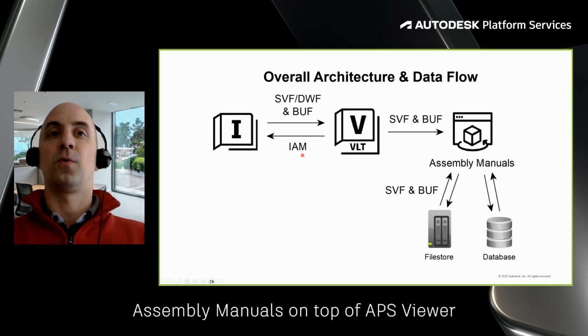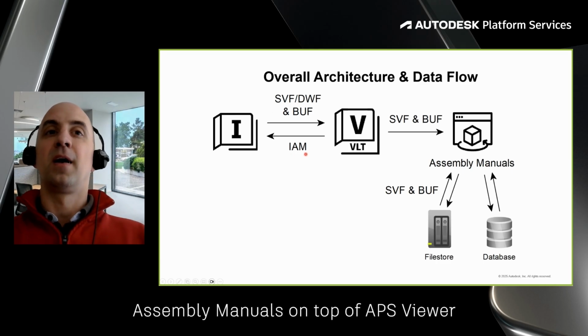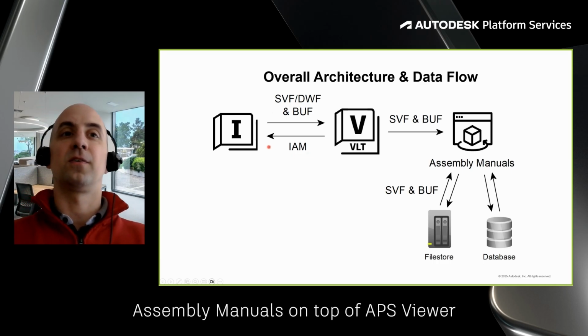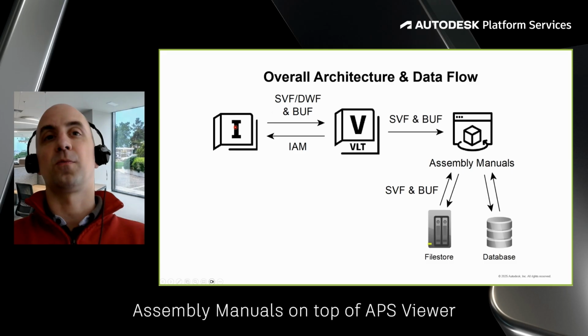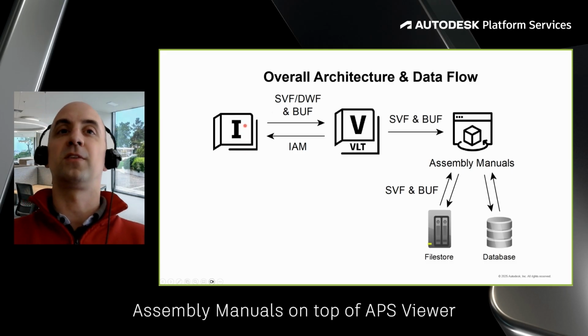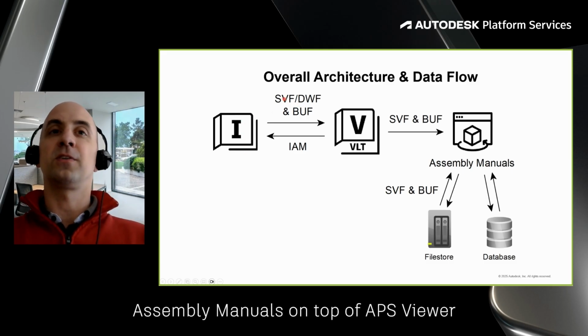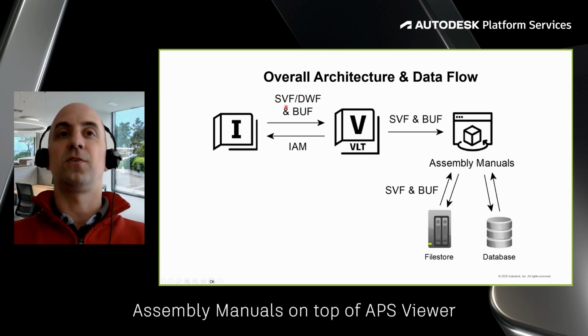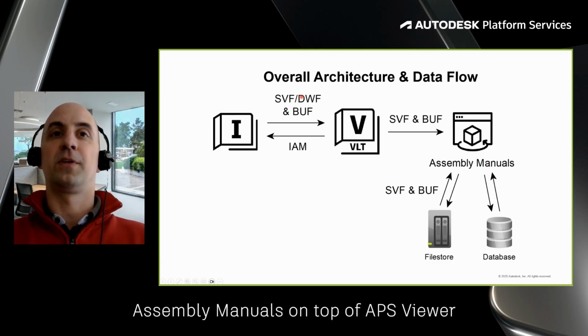And so we have an assembly there, Inventor assembly, IAM, and that's passed for processing for translation to Inventor. And Inventor either translates it directly to SVF or DWF as an intermediary.